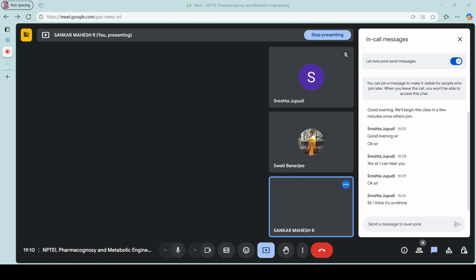By looking at the pathway, you can see scopolamine is produced from littorine. Littorine is produced from PLA, phenyl lactate.